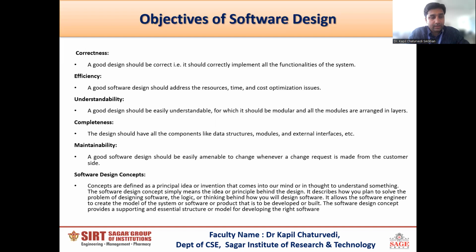Understandability. Let's suppose a new developer will work on a previously developed project, then to understand that project, that particular developer will study the different designs, so that he or she can easily understand what is the flow of the project, what kind of relationships are established in different databases, what kind of users will use what kind of pages.